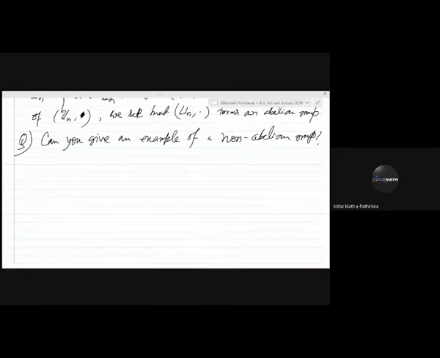There is one more important example, the symmetric group, right? The symmetric group of order 3 or more.